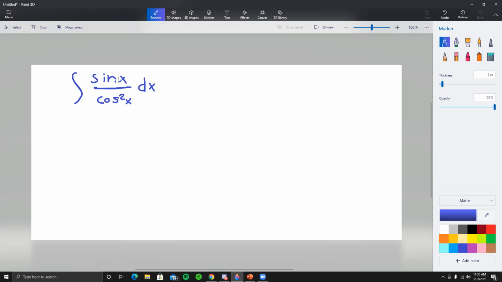Before diving into the antiderivative of the function, I want to simplify. I can simplify this by writing sine x over cosine x times 1 over cosine x.